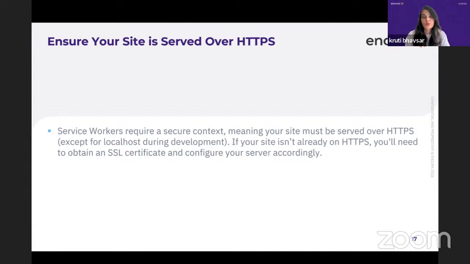The service worker will not work as intended. Okay, so if your website is only in HTTP, then you need to obtain an SSL certificate and configure your server accordingly, because it will not work in HTTP only. Okay, so this is also a key concept to keep in mind while creating your website as a PWA.